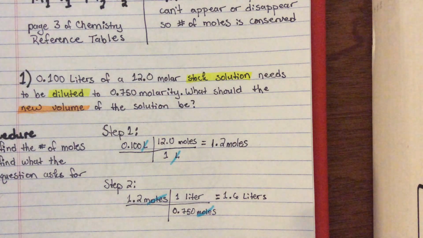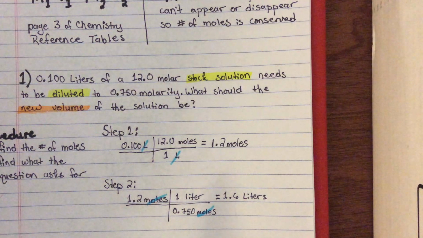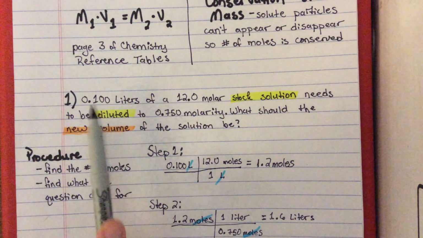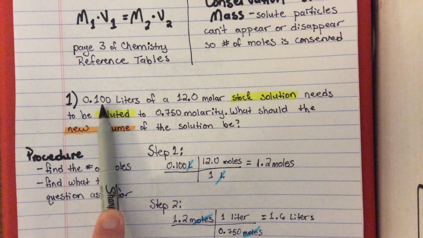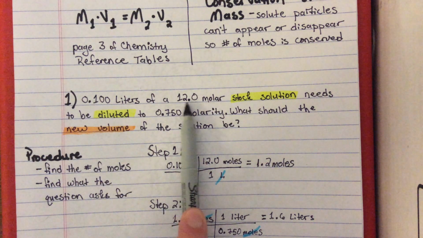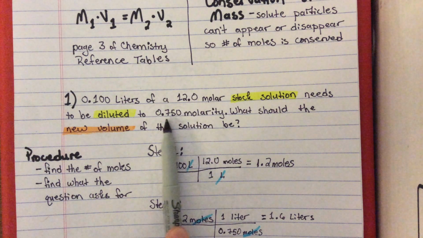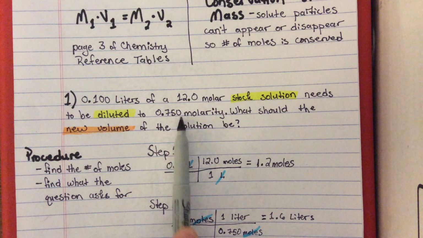This is my final answer, so I need to check on significant figures. Going back to the original problem, I've got 3 significant figures in 0.100. I've got 3 significant figures in 12.0, and I have 3 significant figures in 0.750.